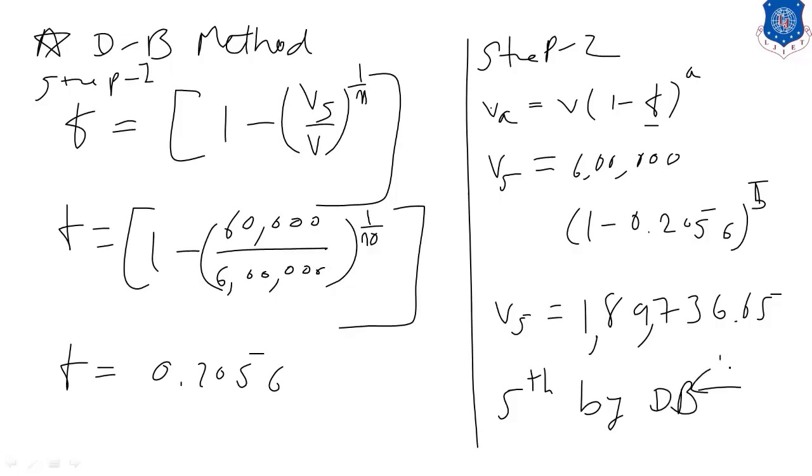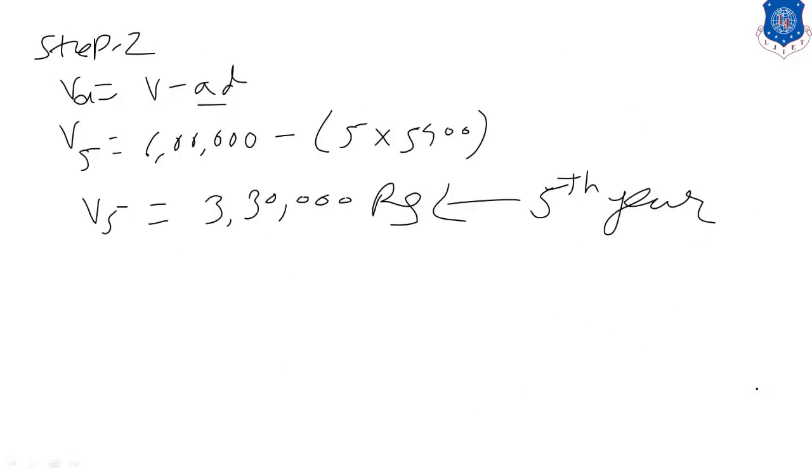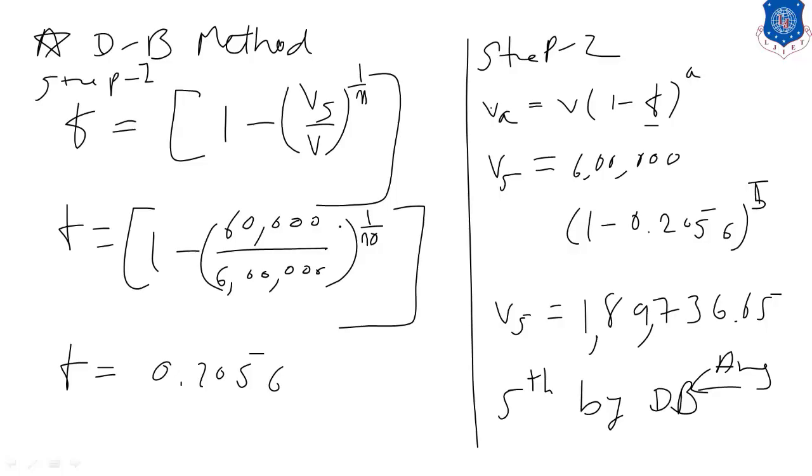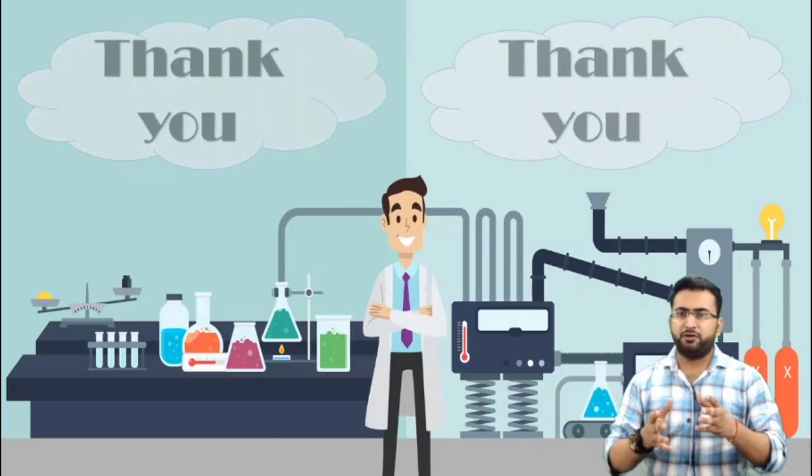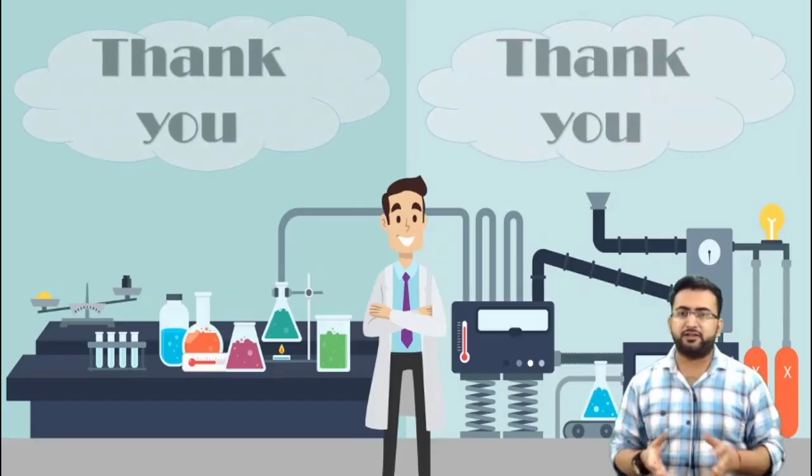So it becomes our answer. Using straight line method, at the end of the 5th year the heat exchanger value is 3,30,000, whereas in declining balance method, the value of the heat exchanger is 1,89,736.65. So this is all about the straight line method and declining balance method. So this is all about today's lecture. I am completing my lecture here. Thank you.